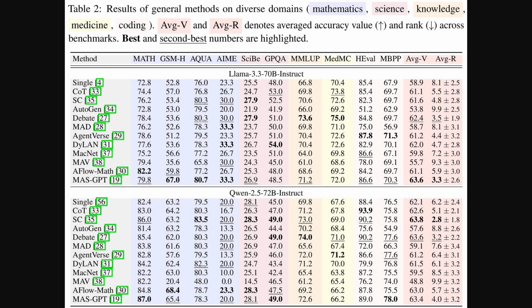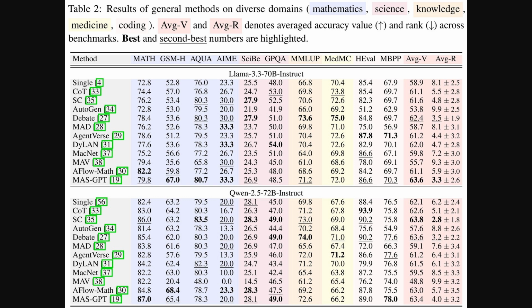Alright, so after looking at those cost trade-offs, this table digs into the raw performance numbers. It compares many of these multi-agent methods across a wide range of benchmarks, from math and science to coding. And it does this using 2 different backend models, Llama-3.3-70B-Instruct and Qwen2.5-72B-Instruct.